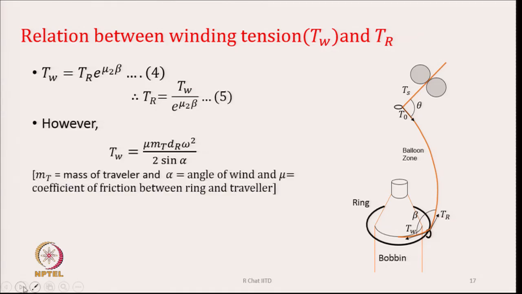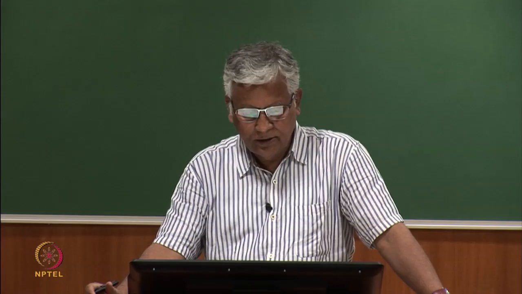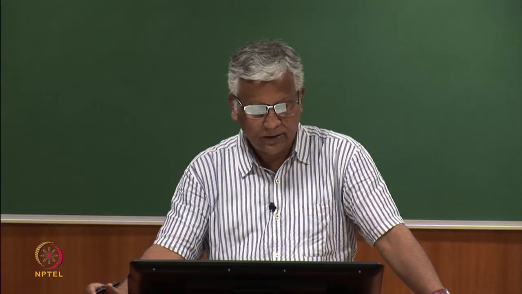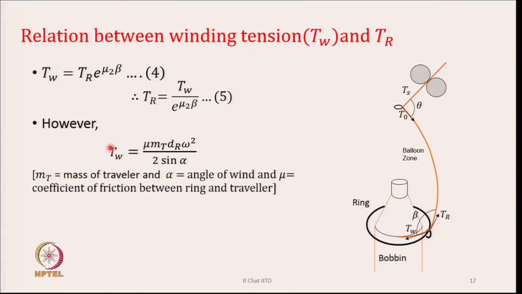Therefore, these winding tensions we have calculated earlier, and we have shown in the previous session that Tw depends upon these parameters. Tw is mu mt dr omega square by 2 sin alpha, where mt is the mass of the traveler, alpha is the angle of wind, and mu is the coefficient of friction between ring and traveler.